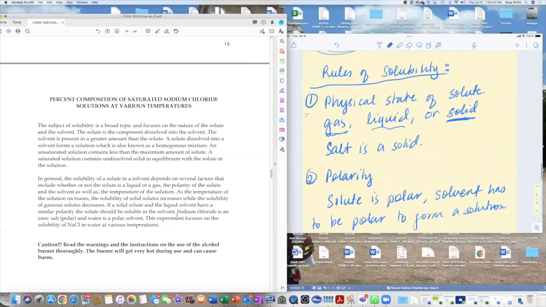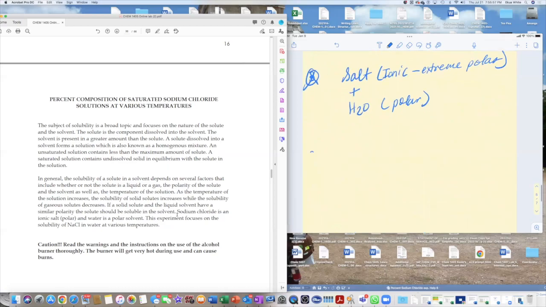When it comes to gas, things get a little bit complicated, right? So I want to talk about temperature right here, and then I'll talk about gas with the temperature. In the case of temperature, we see a general rule, and this rule I'm telling you guys about applies to solids. So for temperature, we're looking at a solid solute in a liquid solvent. I was about to say water.